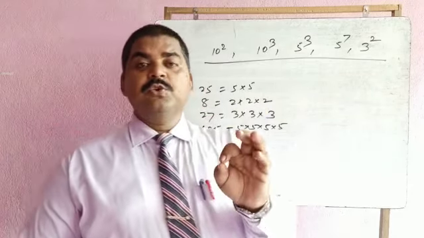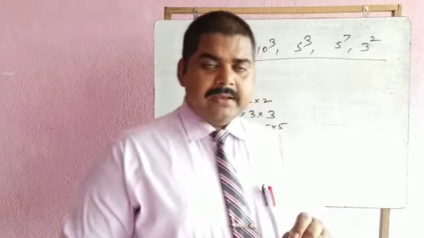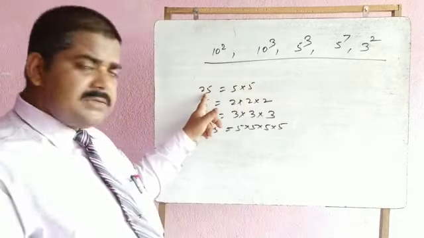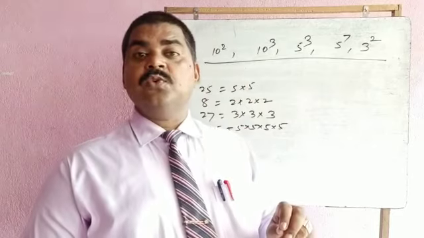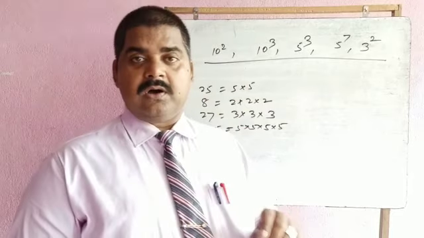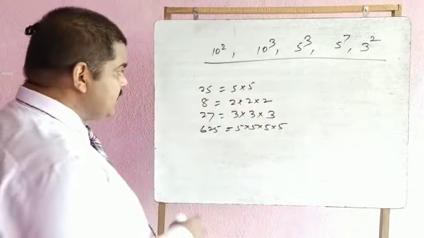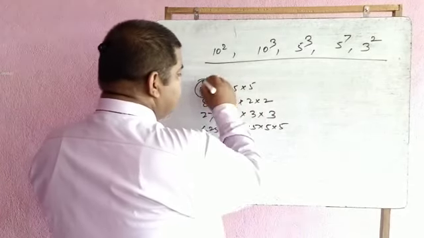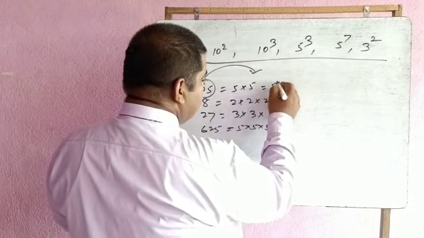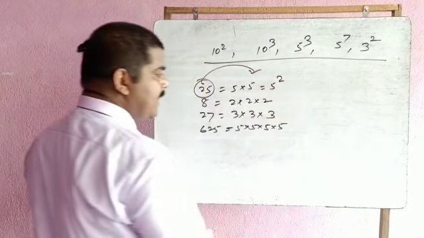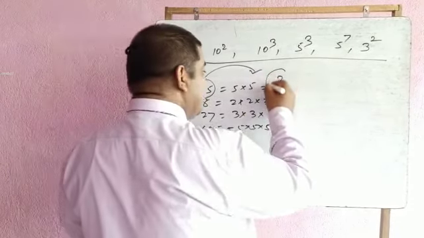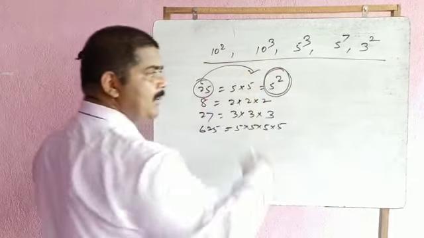So let's first discuss two forms of a number. One is the usual form: when you write 25, this form is known as the usual form. And when you write 25 as 5 square, this is known as the exponential form.